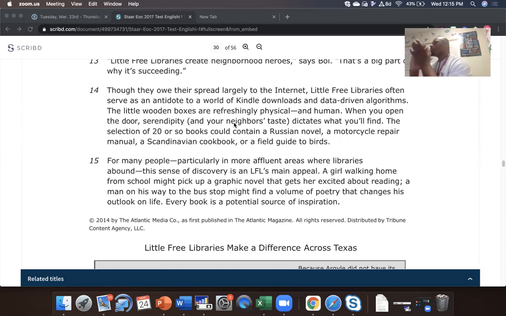I'm going to ask you guys a question. Who knows what serendipity is? Anybody else? Using context clues, what do you think it means? When you open the door, serendipity and your neighbor's taste dictates what you'll find.